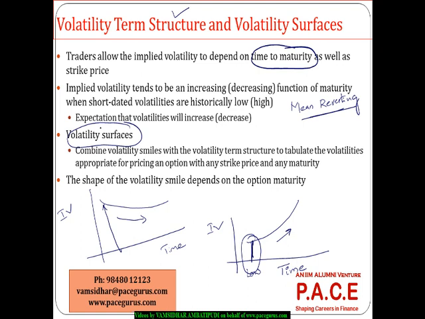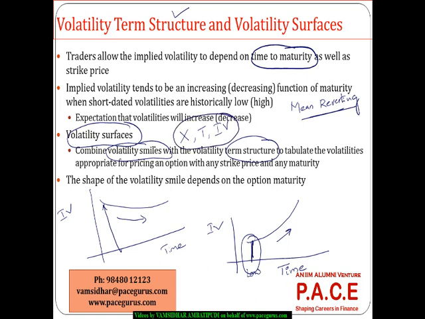Then, what is the volatility surface? Now, this is where I am bringing in a three-dimensional perspective. I look at the term structure and I combine the volatility smile with the term structure. So, there are three things here: strike price, time to maturity, implied volatility.